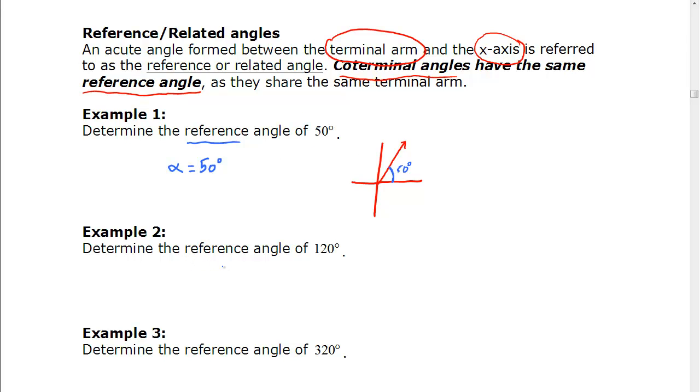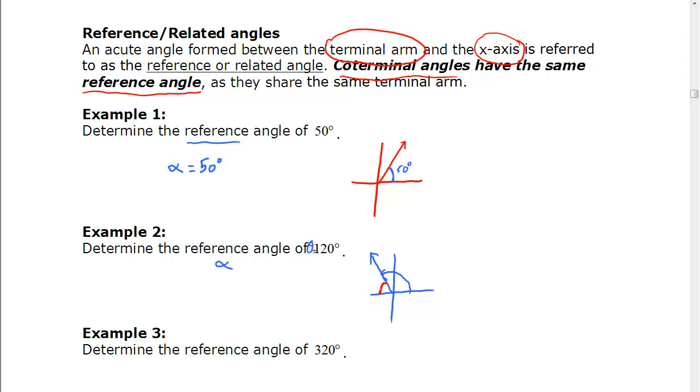So in this case, we want to determine the reference angle, and again I'll call it alpha, for the angle theta equal to 120. Well, let's sketch 120. That's in quadrant 2, because it's between 90 and 180. And that angle starts here and comes up here. Now, if we want the reference angle, we need the angle between the terminal side where it stopped and the x-axis.